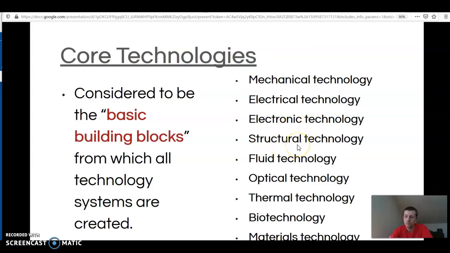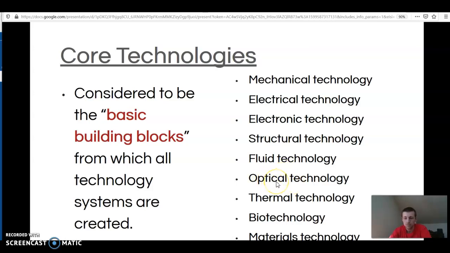Structural technology, very straightforward. Things you live in, things that are like playgrounds, anything like that is a structure. Fluid technology, this has to do with both properties of fluids as well as using other materials to enclose fluids.